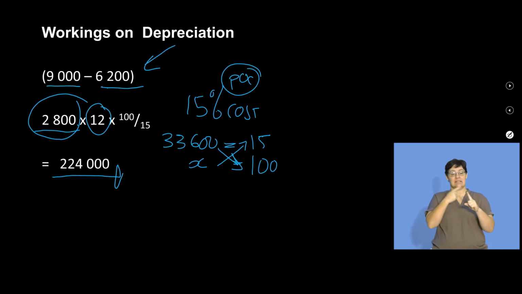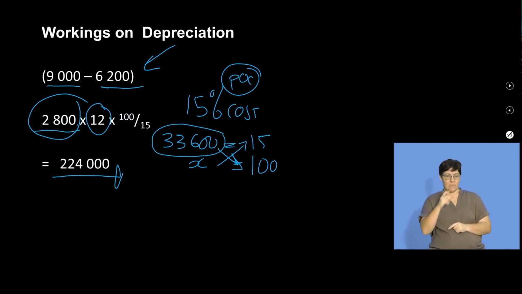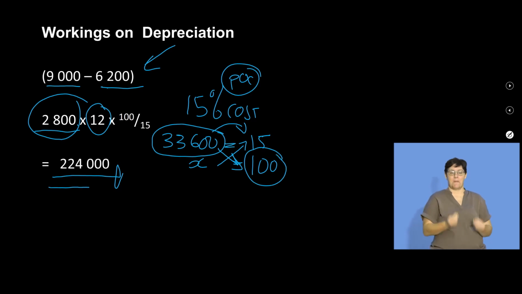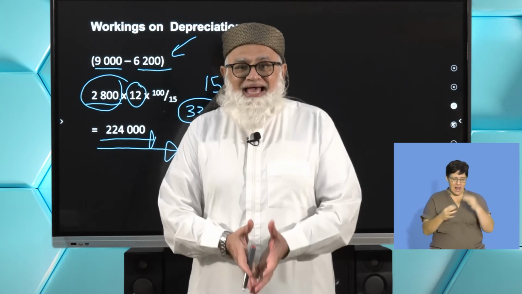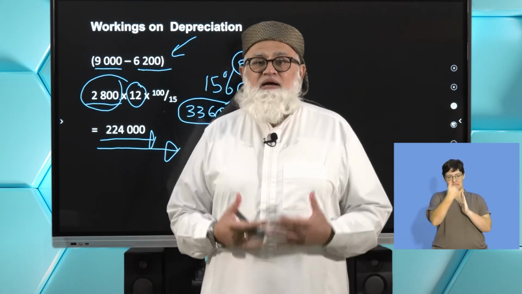So times your 15% will give you the actual figure that you calculated here, the 33,600, was your depreciation at 15% per annum. You then went back to calculate the original cost price, and that gave you a figure of 224,000 Rand.